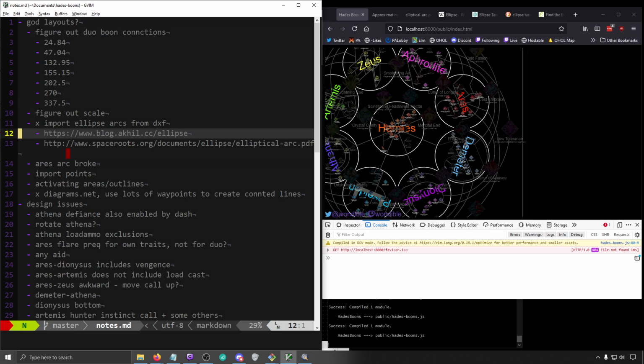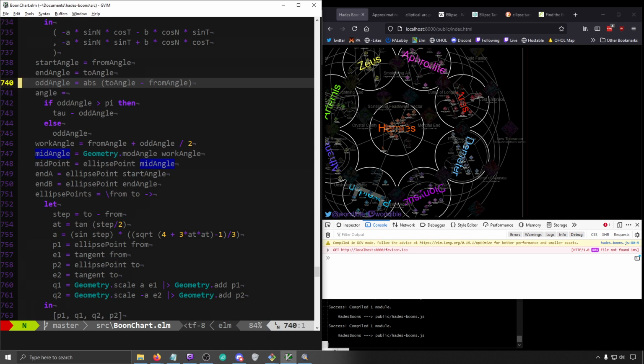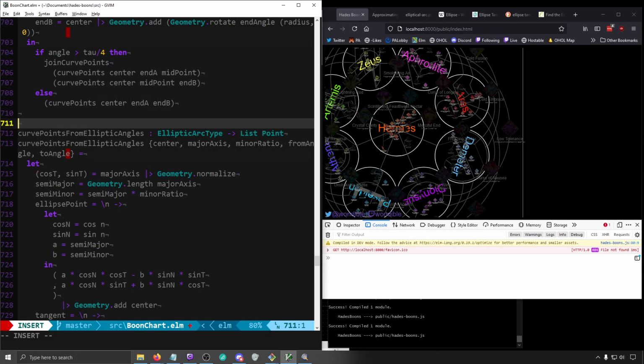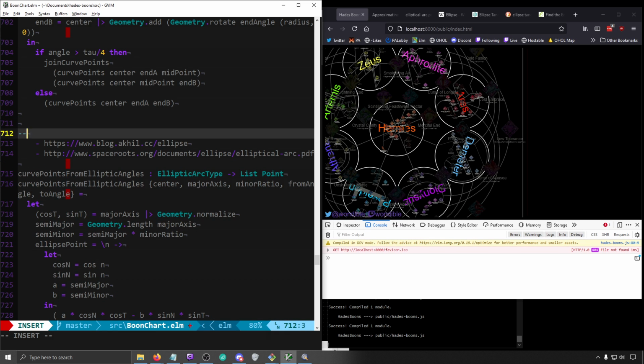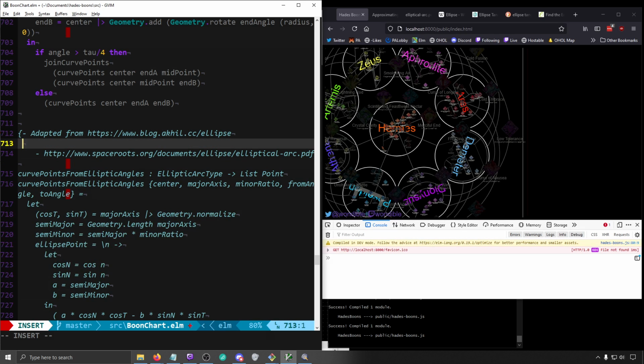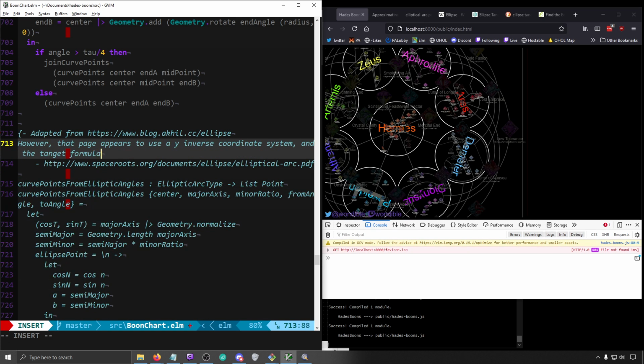Maybe, you know what? Actually, I should probably just put this in here. However, that page appears to use a y inverse coordinate system, and the tangent formula is incorrect.